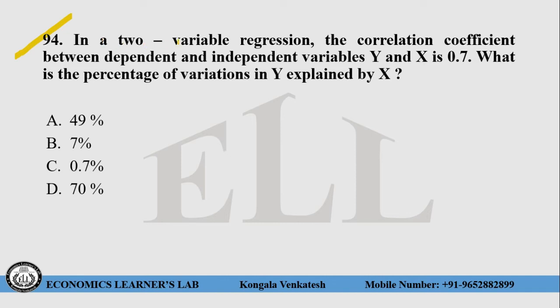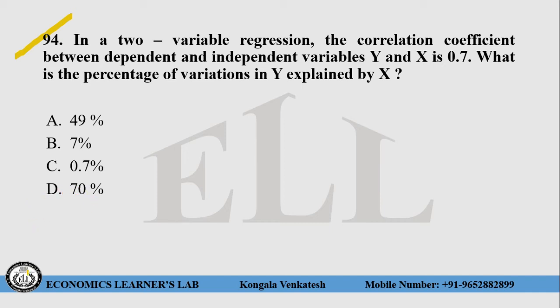Question number 94. In a two variable regression, the correlation coefficient between the dependent and independent variables y and x is 0.7. What is the percentage of variation in y explained by x? Choice A: 49%, choice B: 7%, choice C: 0.7%, choice D: 70%.